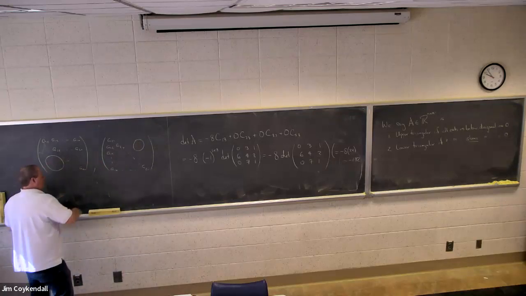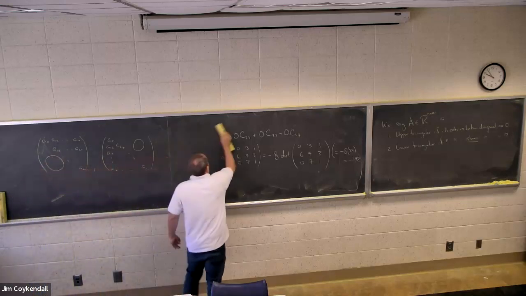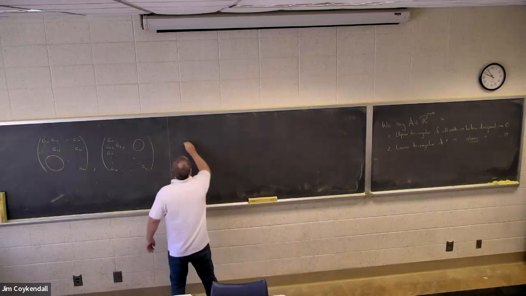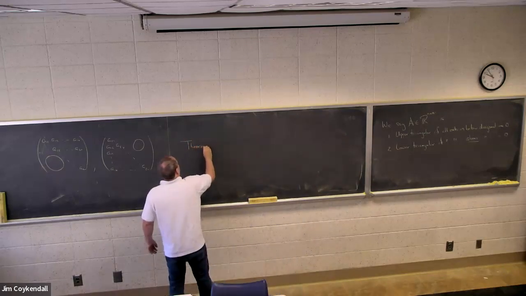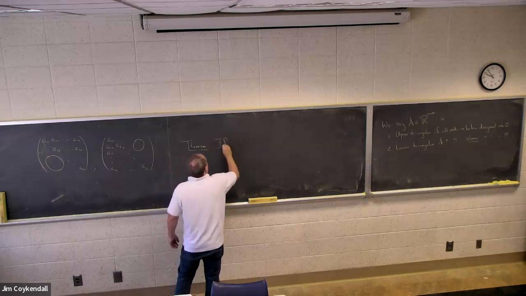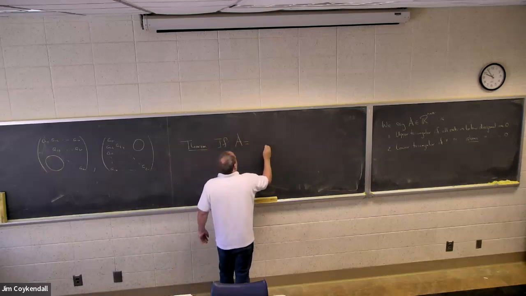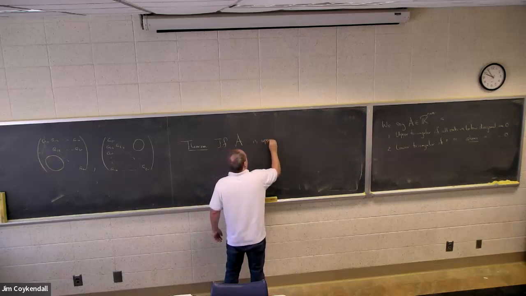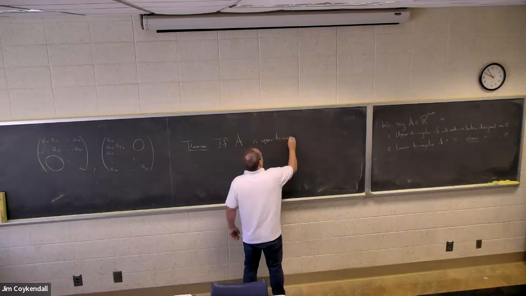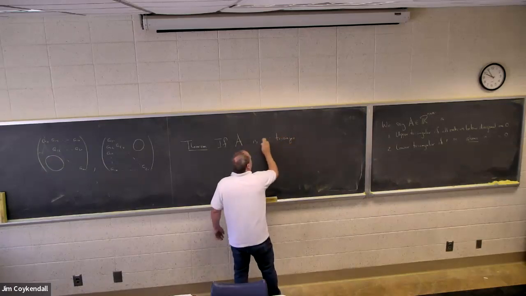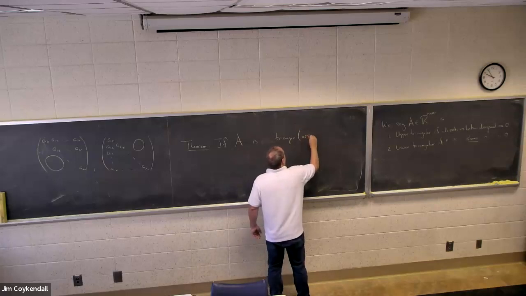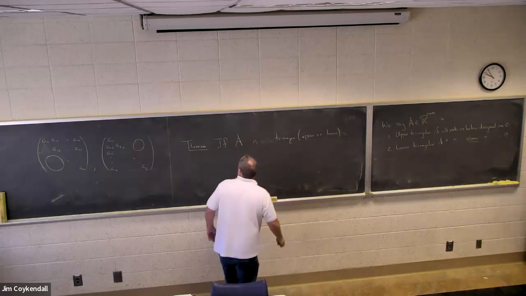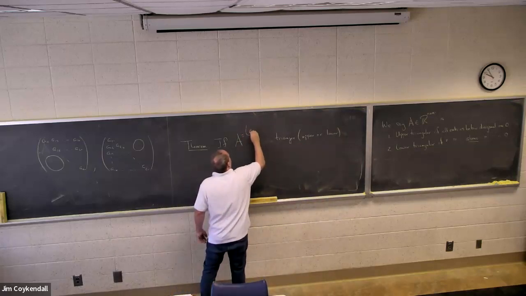If the diagonal goes the other way, it's something different. It's triangular, upper or lower. And we'll say it's an n by n matrix.